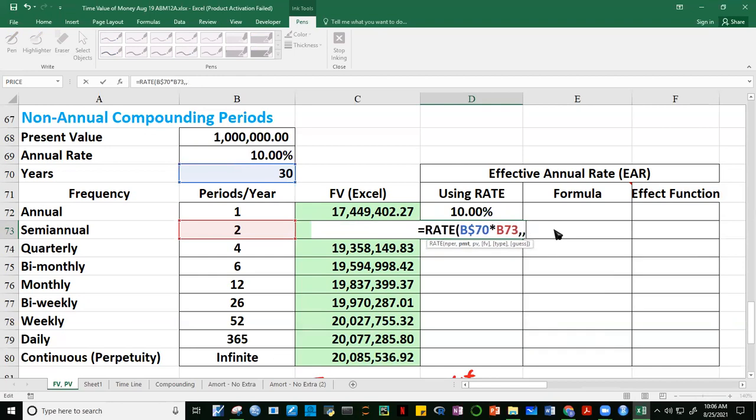Ulit. So, NPER is B70 times, but B73? Dapat B72. B72, dapat dito, no? And then, comma, PMT is wala. PV is this one. Fix this. Comma, future value is this one.